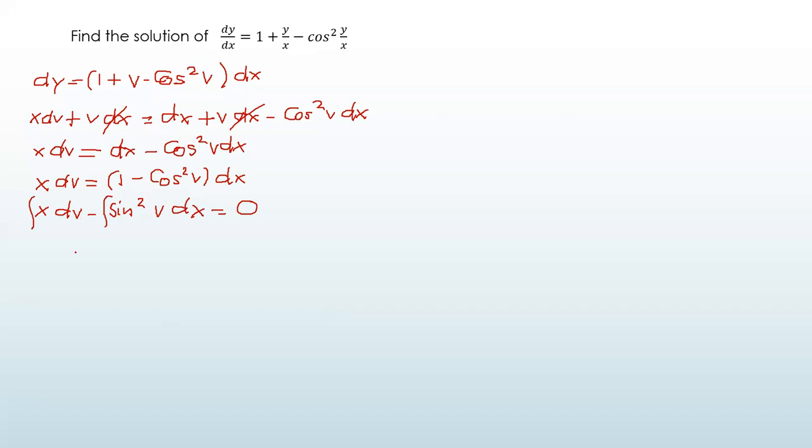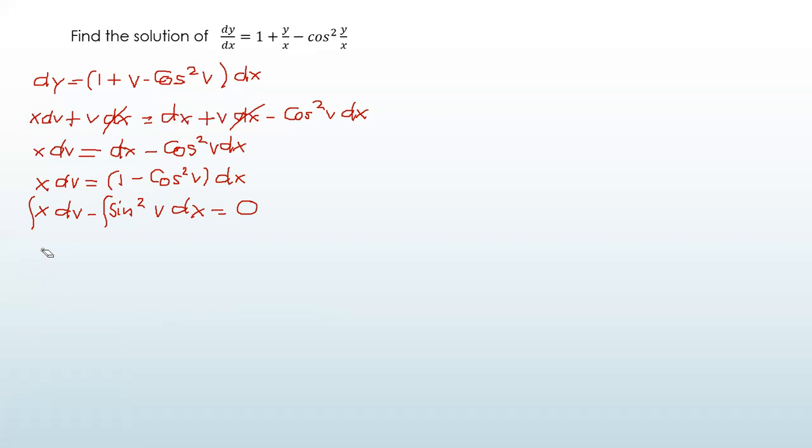Integration of x becomes a half x squared. Phi dx, not yet.